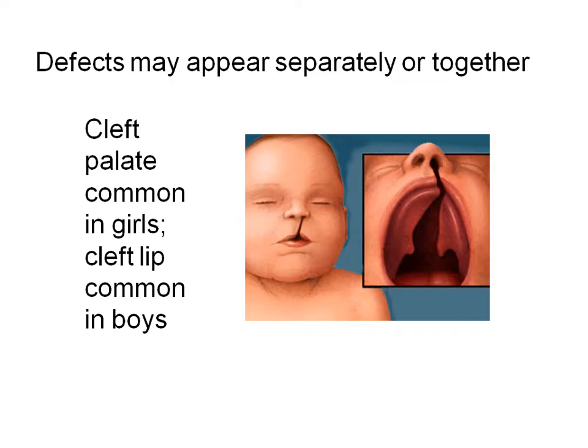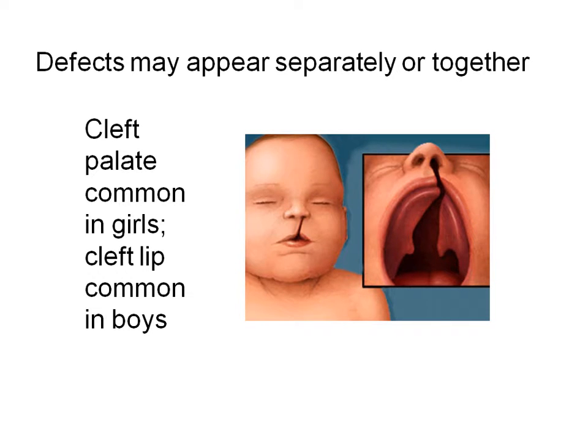Now let's take a moment to understand what has happened during the craniofacial development of the fetus with these defects. Cleft lip results from incomplete fusion of the embryonic structures that surround the oral cavity. It is theorized that this process should occur during the 6th week of gestation.